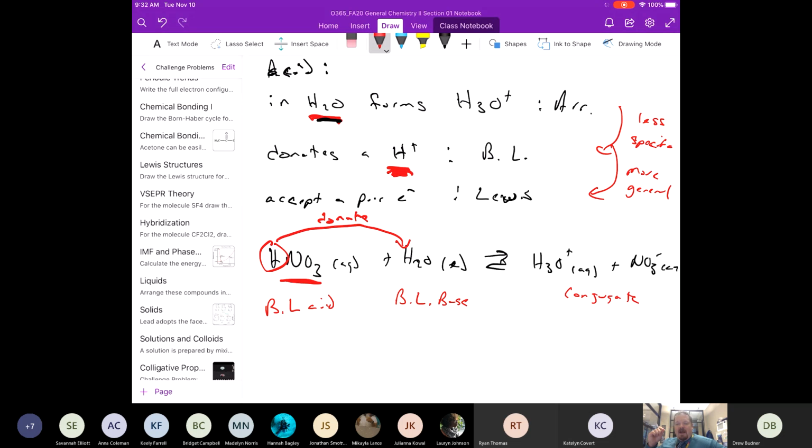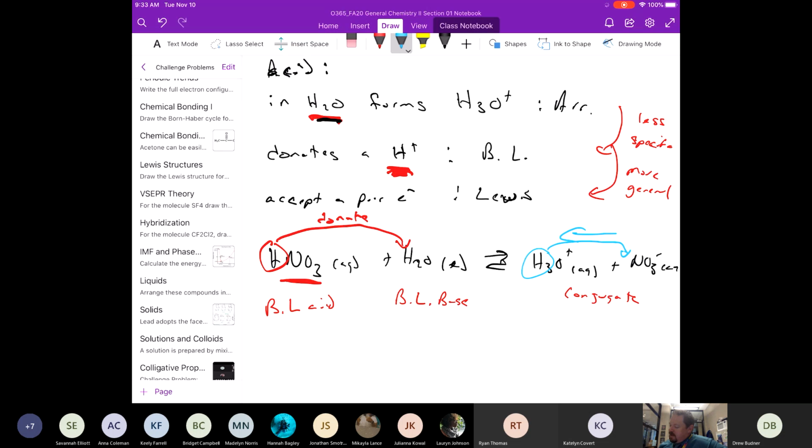So when we define acid or base, it's always in the direction the reaction is written. The reactants are always acids and bases. The products are always going to be the conjugates. And in order to determine what they are, we have to take this reaction and go back in this direction. In this direction, this extra hydrogen is going to be donated back.